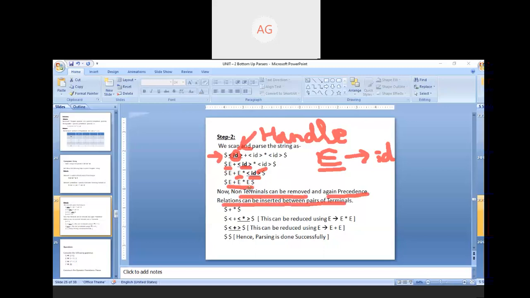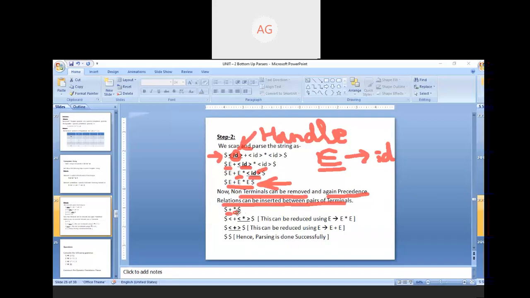So here the non-terminals E are removed from this expression. So we have left only two operators, the plus and the into operator. Now we need to reduce these operators also.